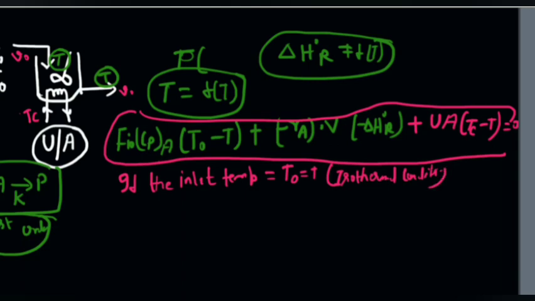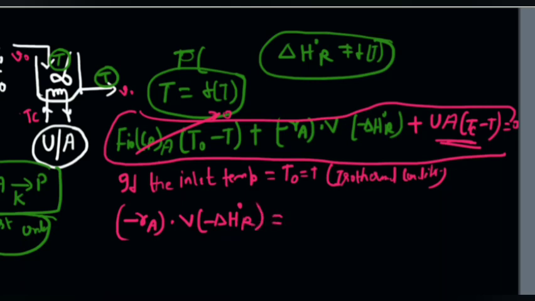Here only we are going to supply the heat from this particular coil. Then what will happen if this term becomes 0? Minus Ra into V into minus delta H naught R equals UA times T minus Tc. That means they are asking us to calculate the coil temperature after a particular time.